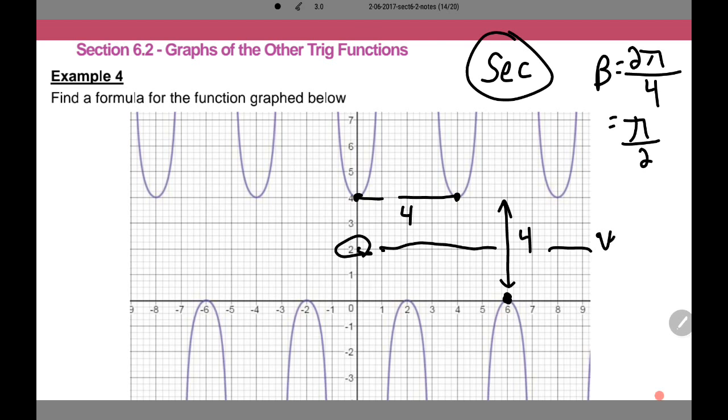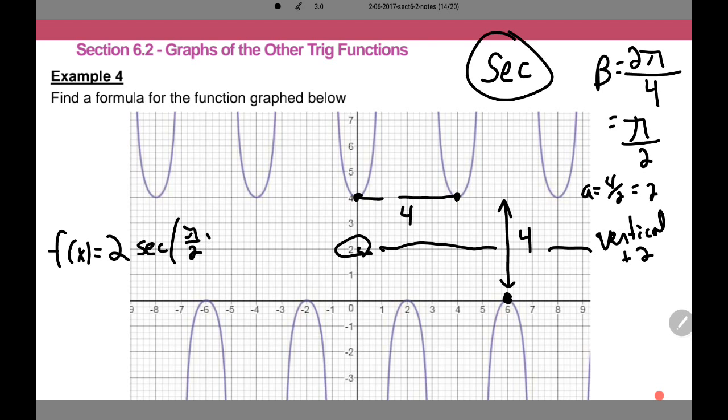So our vertical shift is +2. And when I write my final function, f of x, I take half of that 4. So 4 divided by 2. It's kind of still the same thing as amplitude. So that's going to be 2. And then I've got secant of pi over 2x plus 2.